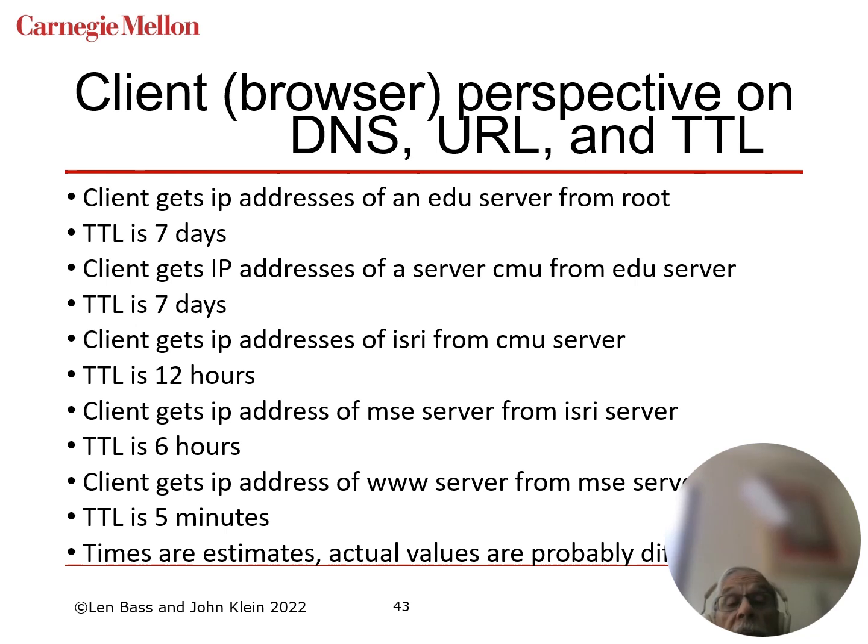The IP address of CMU is probably, I'm guessing, 7 days. And now we get down to maybe a couple hours, and then we get the address of the www server locally, and that might be 5 minutes. And this doesn't mean that it's going to be replaced in 5 minutes. It means that you can trust the cached address that you get for 5 minutes. And these are estimates. One of the possible assignments that you may be doing would be to get the actual numbers.